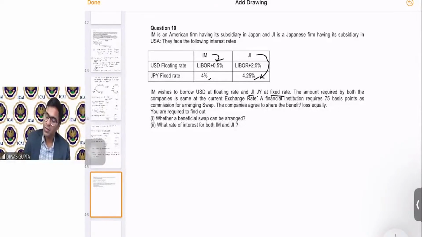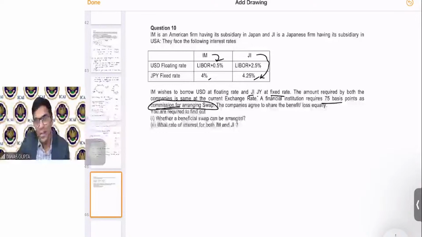A financial institution requires 75 basis points as commission for arranging the swap. So here in this question, there comes commission. In the previous question, there was no commission. So here 75 basis points, which is 0.75 percentage, is needed as commission.